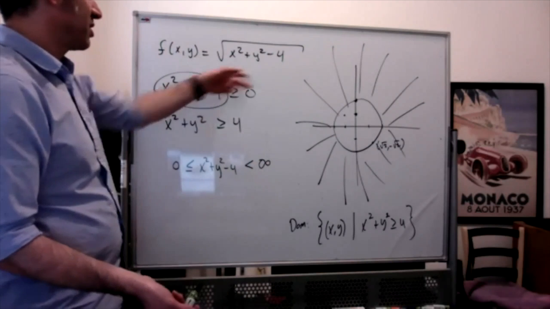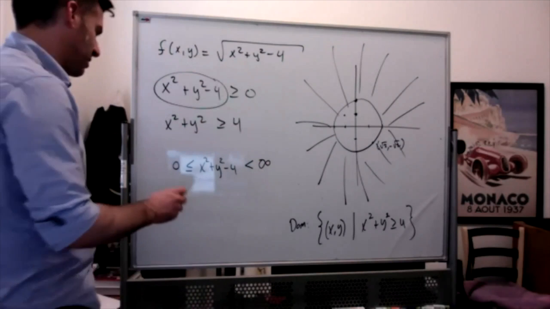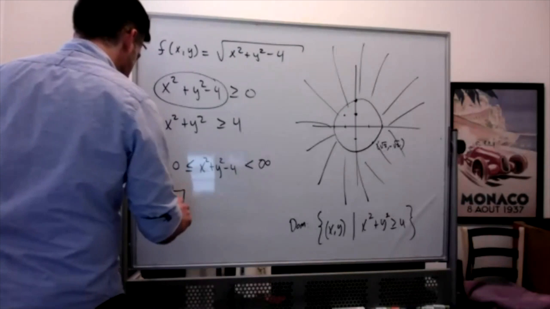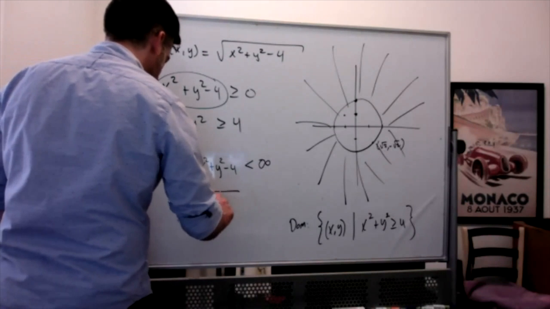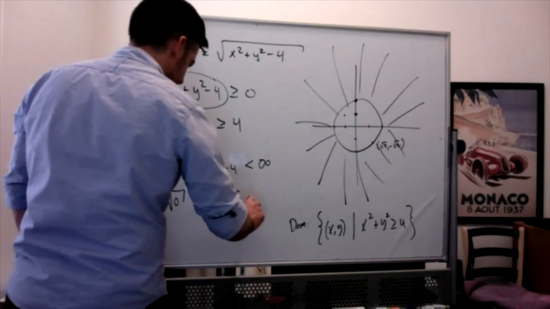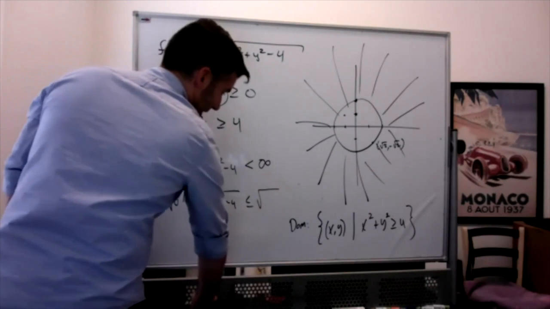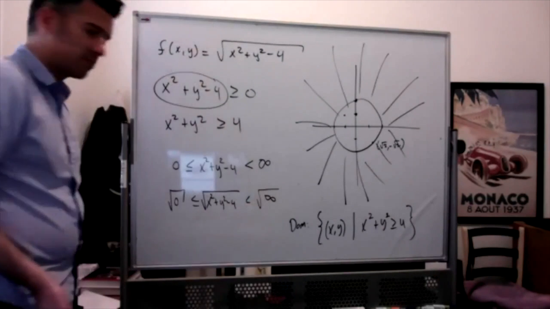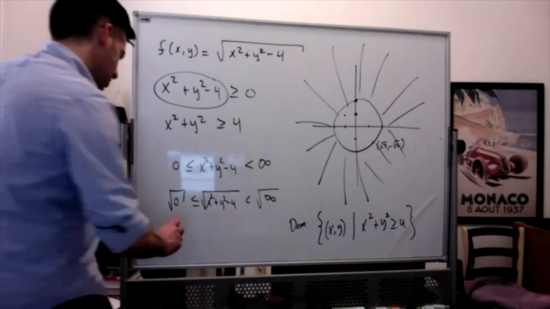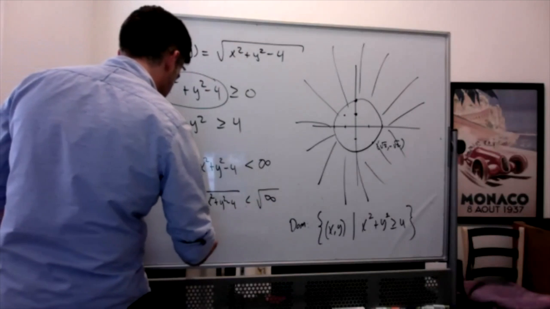But then take the square root of both sides. Which I know might seem silly, but it's necessary. So the square root of 0 is less than or equal to the square root of x squared plus y squared minus 4, which is less than, sorry, less than, not less than or equal to, we can't equal infinity, less than the square root of infinity. So I've got 0 less than or equal to my function.